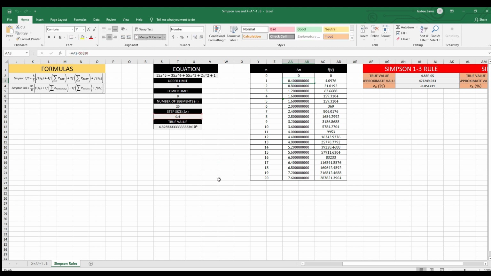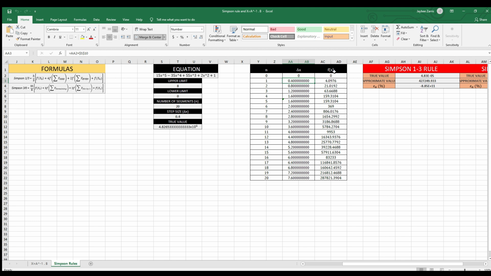Then, plus lang natin yung step size, which is ito, nasa S10 siya. After nun, double click lang natin to. Masasolve siya lahat hanggang 20.